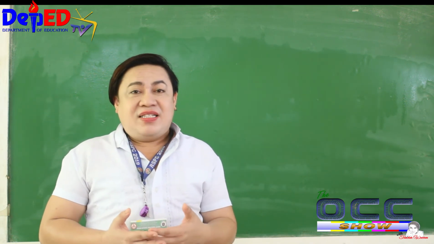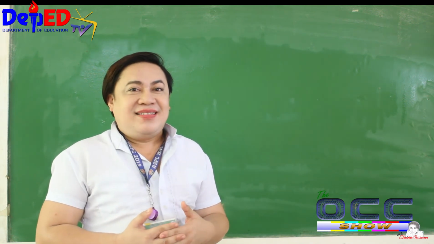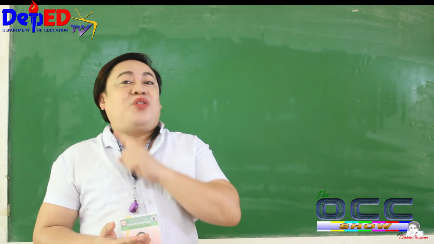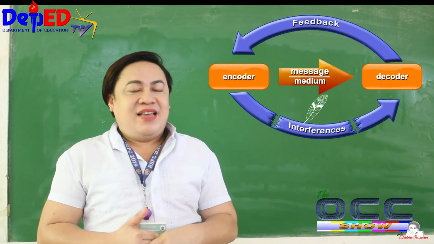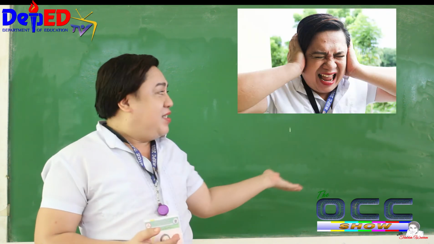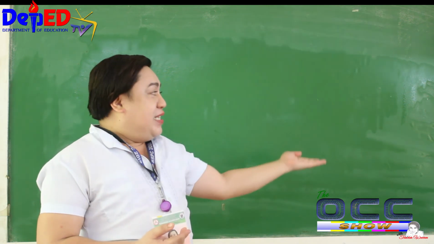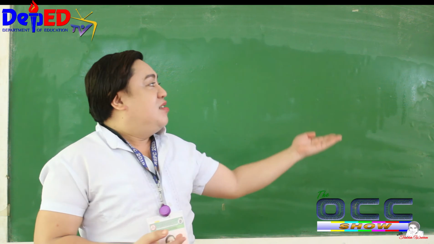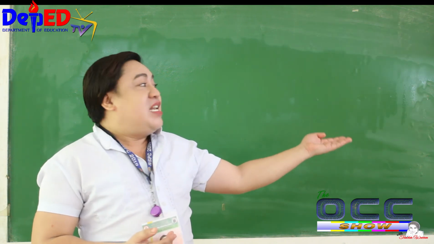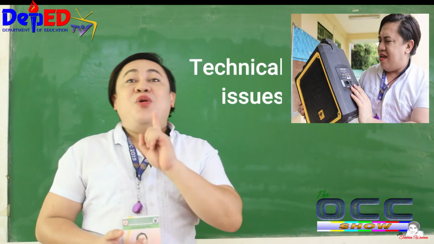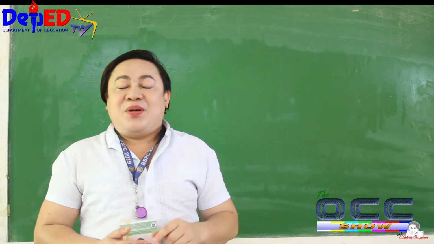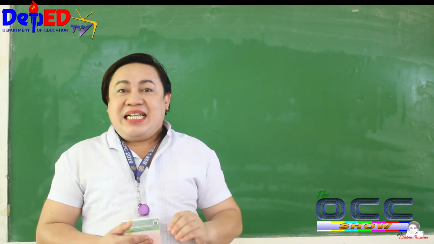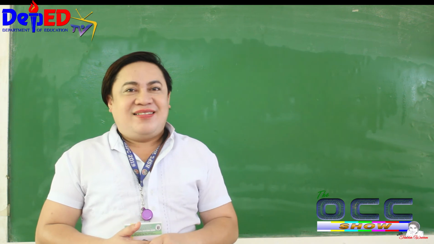Do you have something in mind? Okay, very good. Those are what we call interferences. Examples of interferences are noise, first language interference, health issues, and even technical issues. But don't worry, in our next class episode, we will discuss in detail what interferences are.